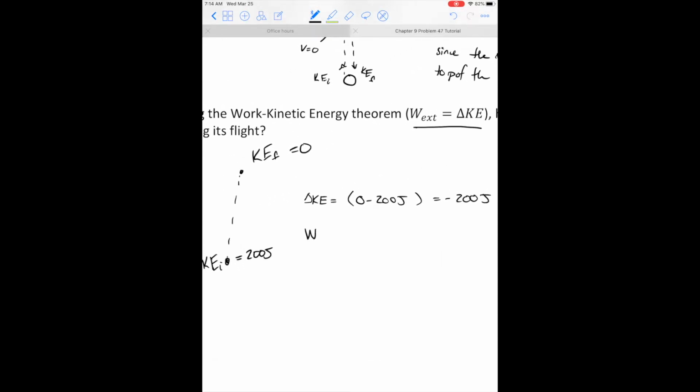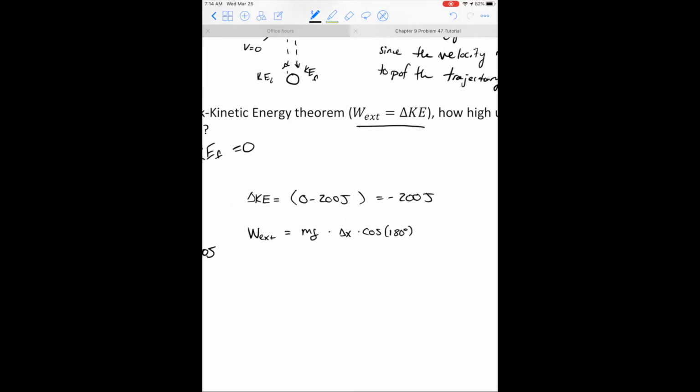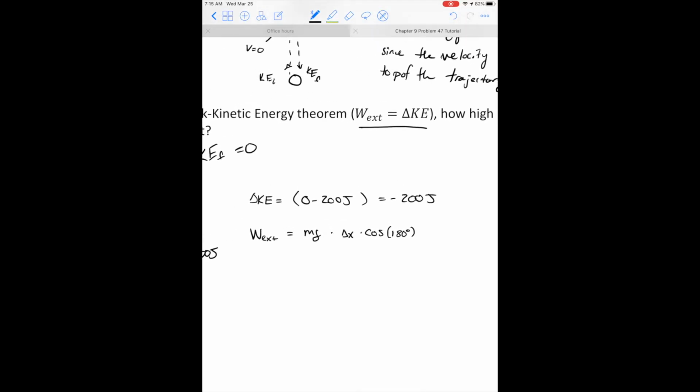If I think about the external work, that is my force, mg, times my displacement, delta x, times cosine of the angle between them, which we said was 180 degrees. Set those equal to each other. And this is just a negative 1, so I'm going to get rid of the negative and the negative here.